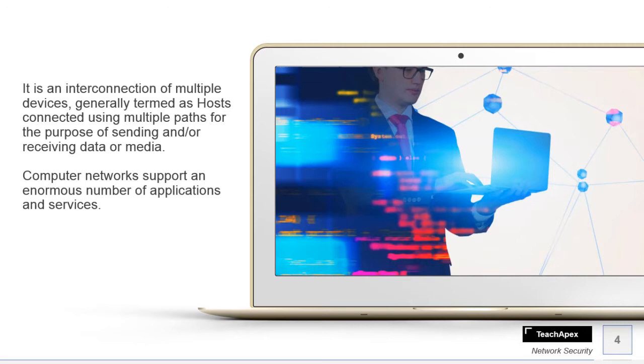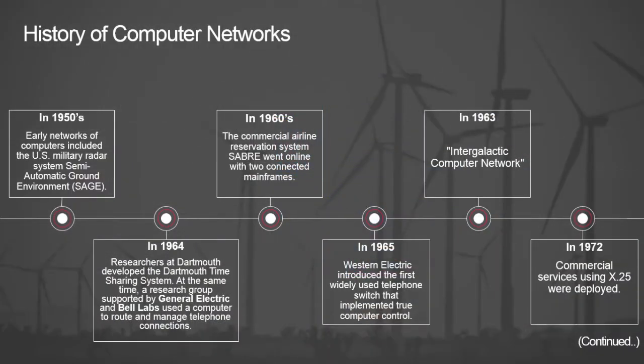So basically, computer networks support a number of applications and services such as access to the World Wide Web, digital videos, audios, shared use of application and storage servers, printers and fax machines, also use of email and instant messaging applications, as well as many others. So networking of computers helps the network users to share data files.